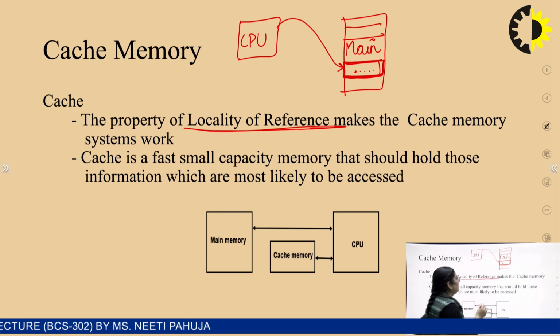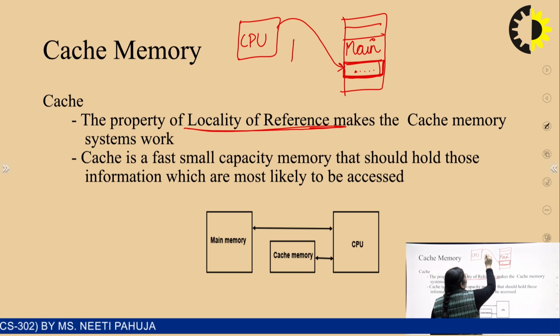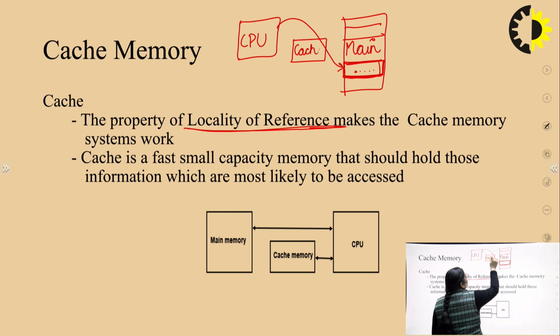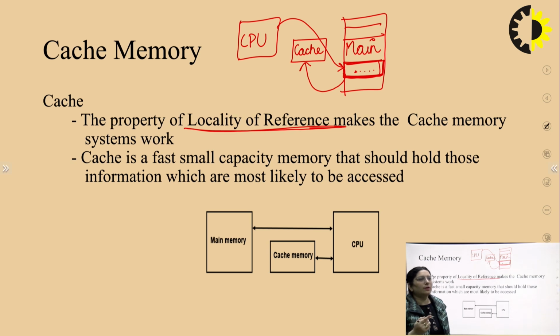faster memory. So we'll have one more unit of memory, which is called the cache memory. The CPU will refer to this data item, and on the basis of the locality of reference principle, this block will be kept in a faster memory. Faster because the cache has a different underlying architecture.